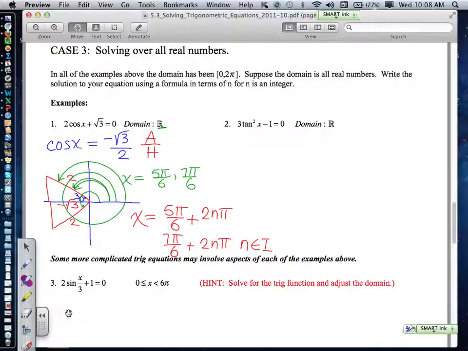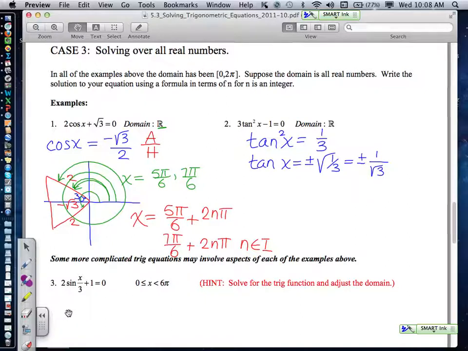Let's take a look at 3 tangent squared x minus 1. Here I'm going to have tangent squared x equals 1/3. When I take the square root of both sides, I get tangent x equals plus or minus the square root of 1/3, which is the same thing as plus or minus 1 over root 3.